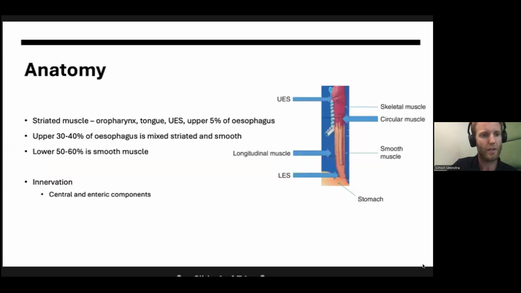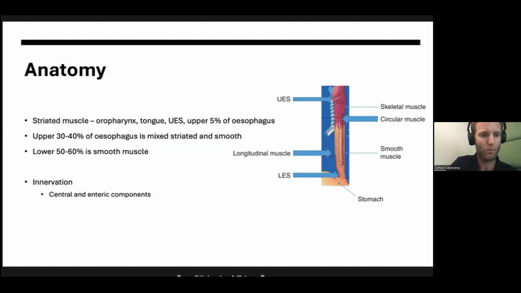Musa gave an excellent presentation 2 weeks ago on the anatomy and physiology of the foregut, so I'm not going to repeat much of that here, but just to say that the upper portion of the swallowing apparatus is predominantly striated muscle and under voluntary control.